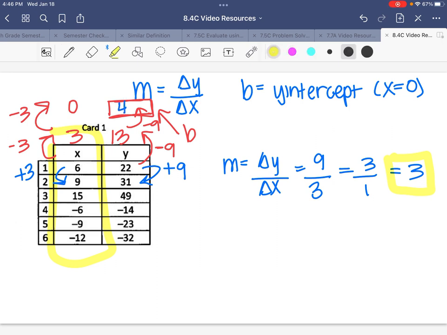So remember, when my x is equal to 0, the y value is my y-intercept. So my slope of this table was 3, and my y-intercept was a positive 4.